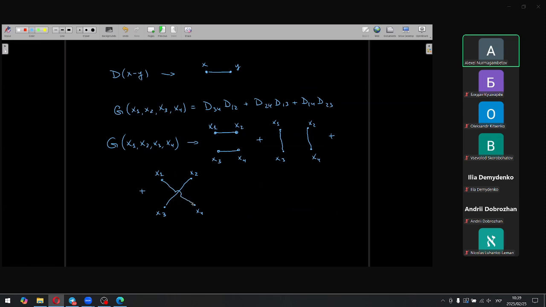That means that there is no crossing between these 2 lines. And in the free field case, this denominator becomes trivial, with no contribution to the 4-point Green's function.